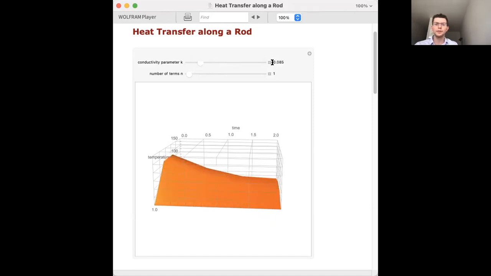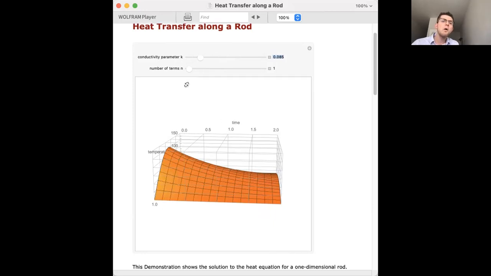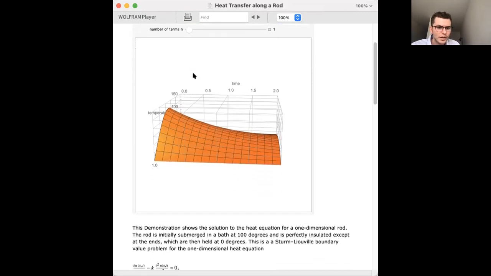You mean what does increasing this do, or what do you mean by increasing terms? Oh, that's a good point.